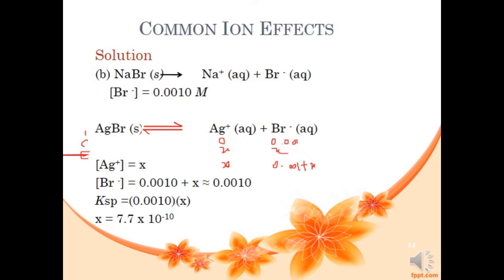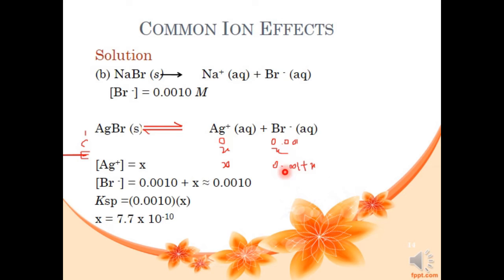Now based on approximation, we can say 0.001 is very much larger compared to x. So we can assume that 0.001 plus x equals 0.001.